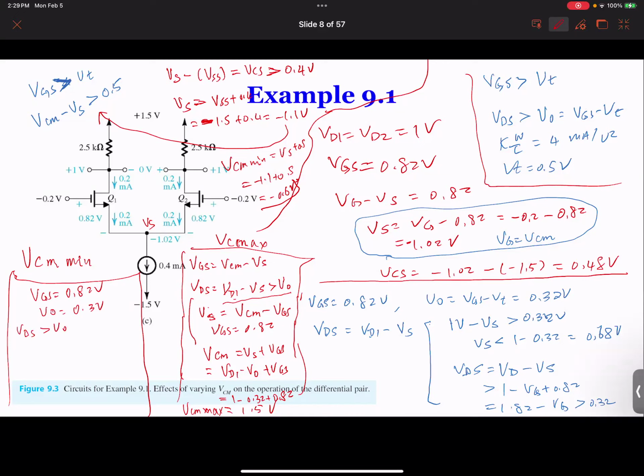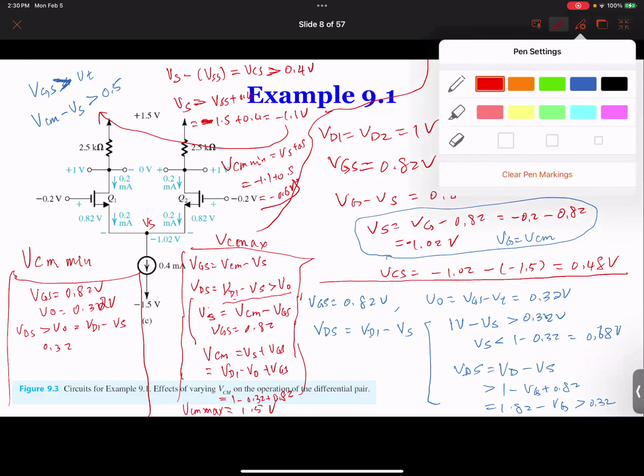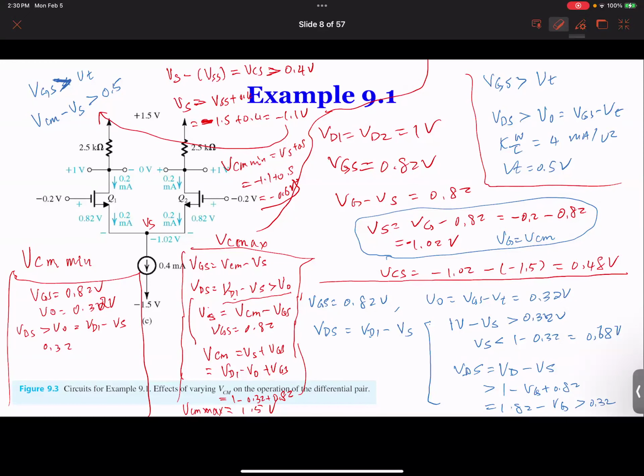Now VDS equals VD1 minus VS, and VD1 is 1 volt. So that means 0.32 volts. Just make sure that I got this in the correct formation.